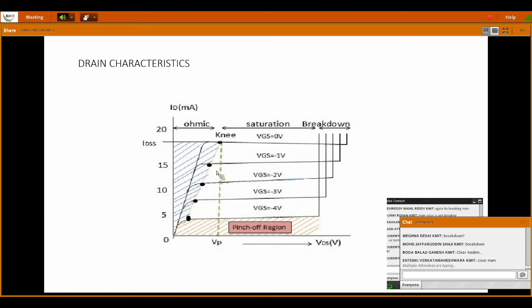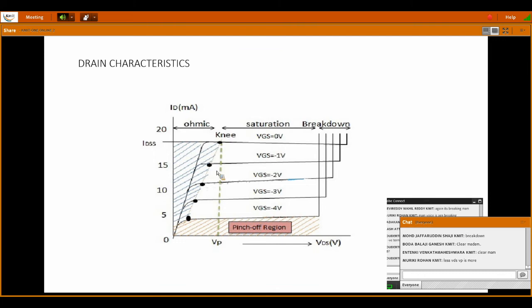If VGS is given, till now the operation was understood with the internal reverse bias because of VDS. But now I am externally also giving some amount of reverse bias. So what happens? Less VDS. Yes, less VDS, and VP is available at lesser voltages.